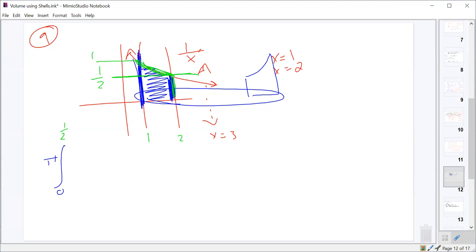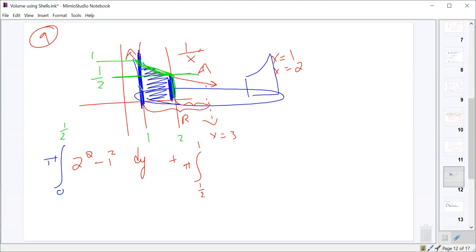Same idea. So first, from 0 to 1/2, the outer radius is just the distance from this line to this line, which is 2. And the inner radius is from this vertical line to this vertical line, which is just 1. So that piece should be pretty easy. The second piece, plus pi times the integral from 1/2 to 1.